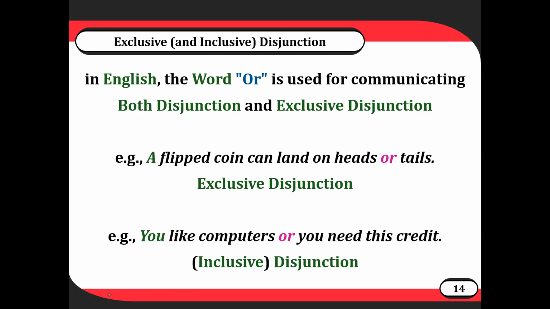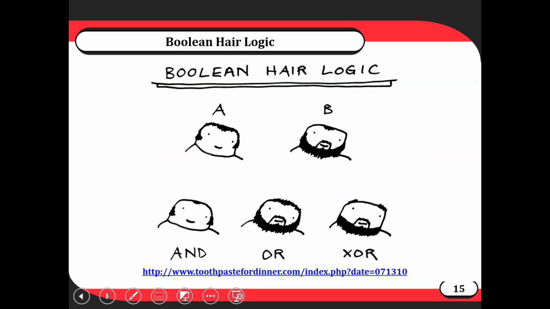Those are two different meanings of the same word in terms of logic, so we have to be careful of the context when translating. We won't use much exclusive disjunction in this class, but you should be aware of it. There are also other ways to express exclusive disjunction, which is another reason we won't come back to it.